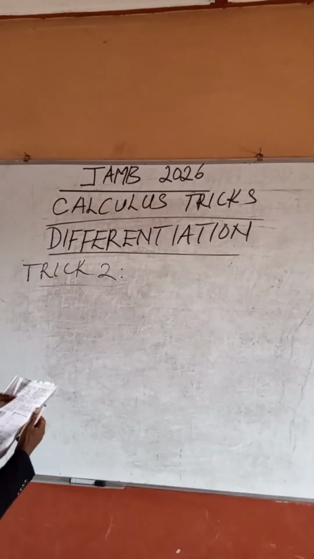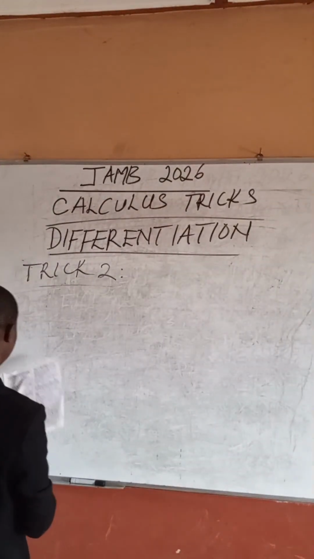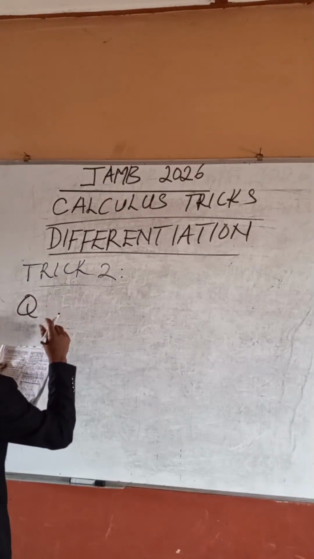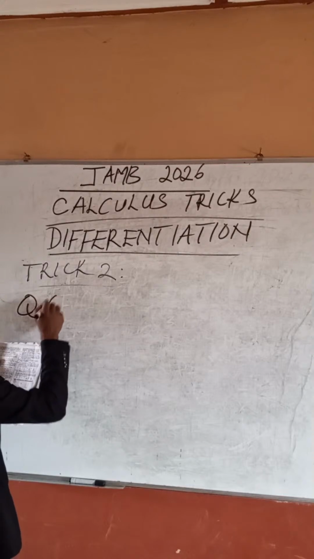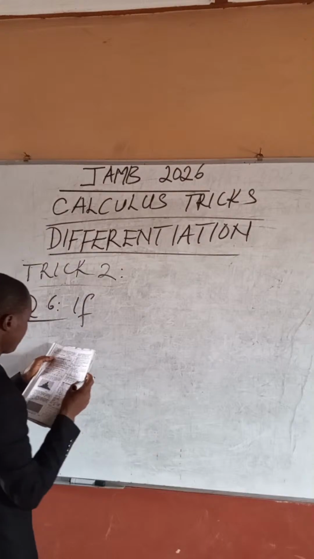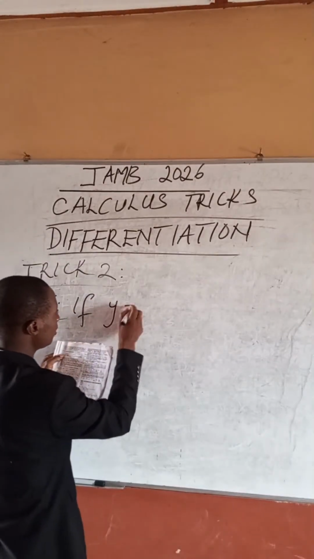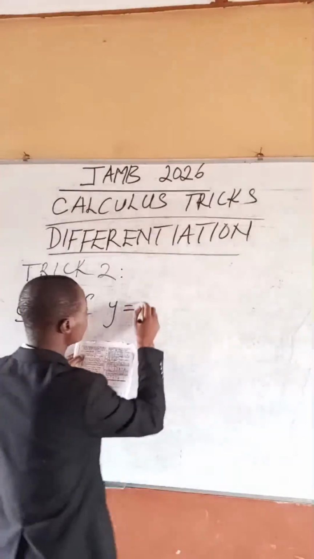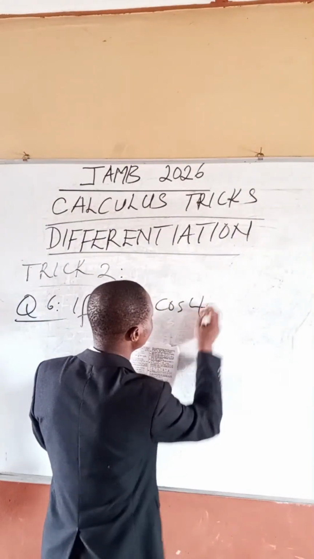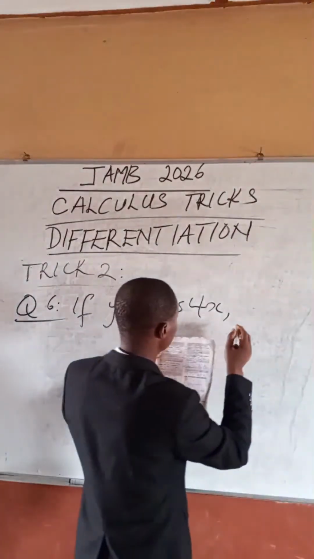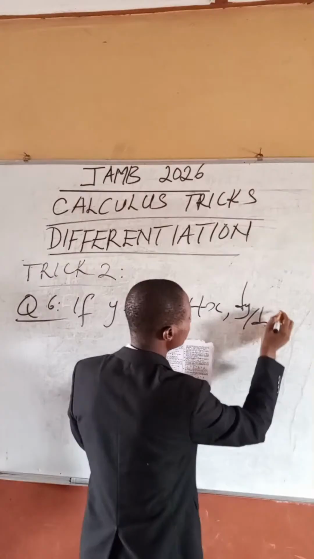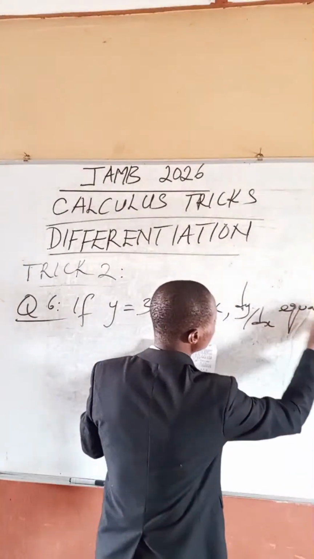All right? Look at this question. I think it's question 6. If y is equals to 3 cos 4x, then dy dx equals what?